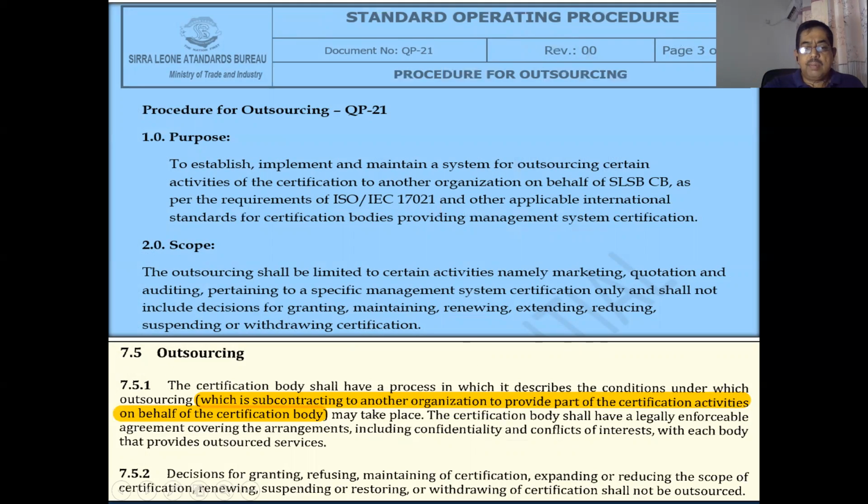This image is from the standard, and here it is written, the certification body shall have a process in which it describes the conditions under which outsourcing, which means subcontracting to another organization, is done.